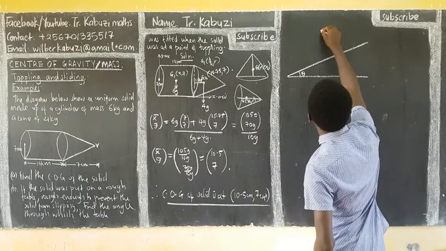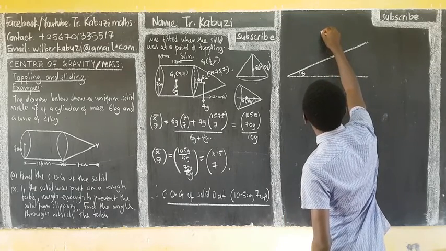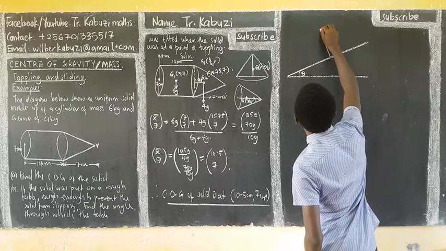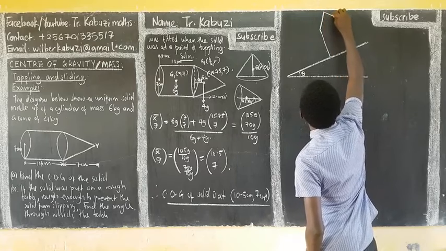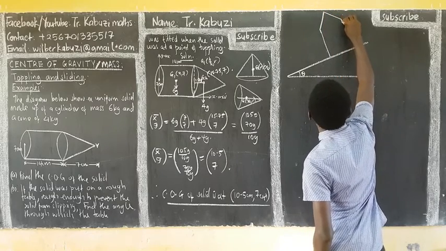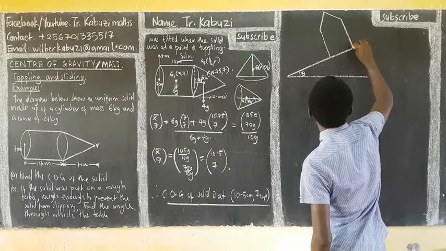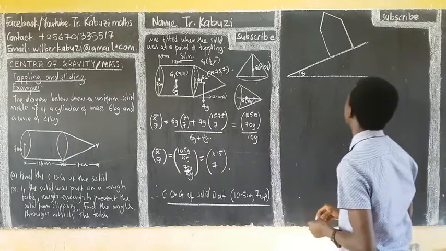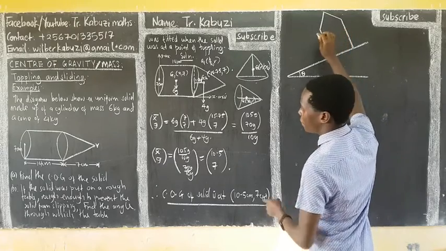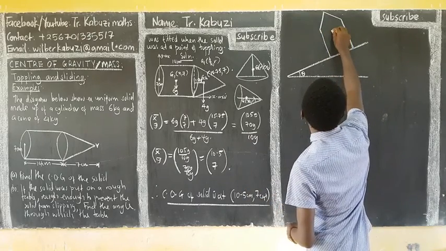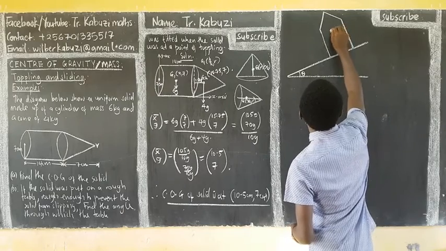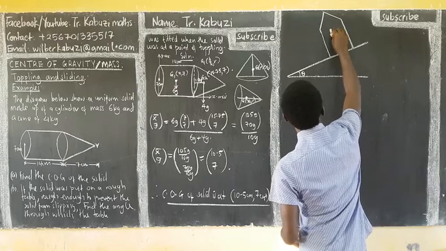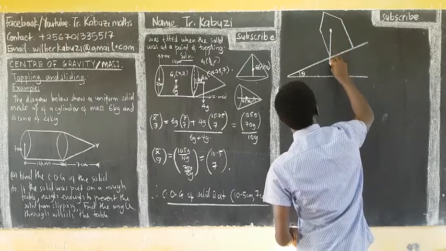Now I'm putting this cylinder here, as you can see. Its center of gravity is going to act somewhere here, and my weight is going to come down there.